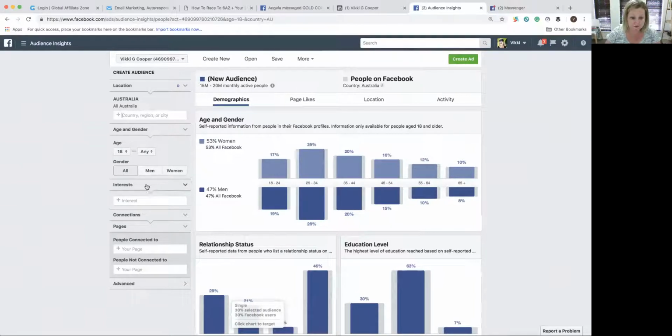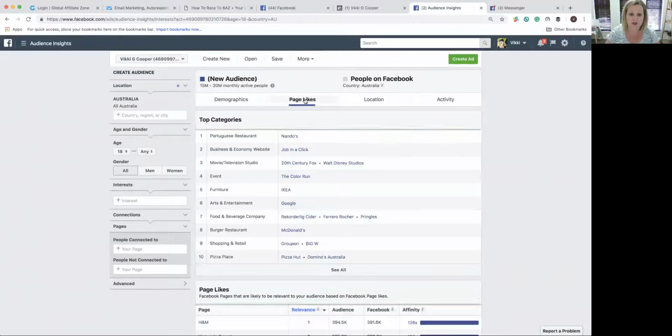So if you pop in Australia, go across here to page likes, it'll give you a generalised list of top categories of people on Facebook in Australia, and it says here 15 to 20 million monthly active people in Australia. That's not very big when you consider it's 1.9 or 2 point something billion people on Facebook every day.